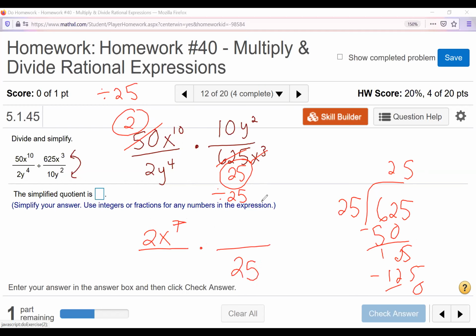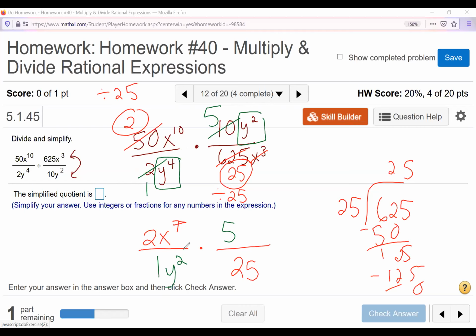So we'll start there. And then let's take a look at the other expressions. 10y squared in the numerator, and then 2y to the 4th. Okay, so 10 and 2, we can divide both of those by 2. 2 divided by 2 is 1. 10 divided by 2 becomes 5. So that's 5 and 1. And then we can subtract those exponents of the y variables. Notice the bigger exponent is in the denominator, so we subtract 4 minus 2, and we're left with y to the 2, or y squared, in the denominator.